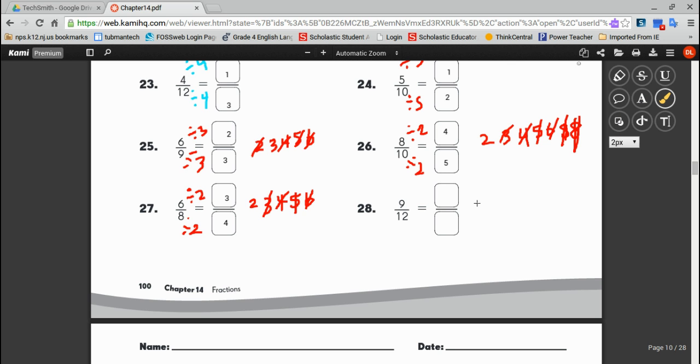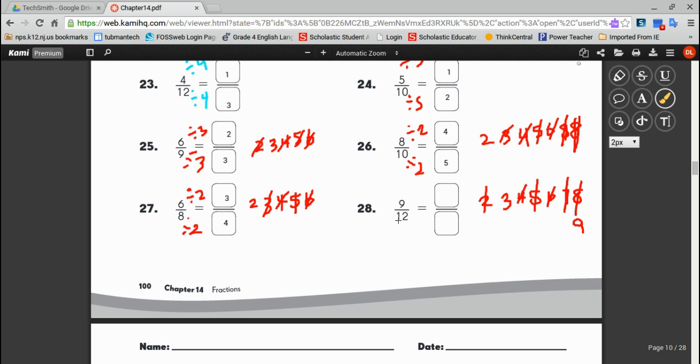And the last one. 9 divided by 2 doesn't work. 9 divided by 3 works. And 12 divided by 3 works. 9 divided by 4 doesn't work. Divided by 5 does not work. 9 divided by 6 does not work. 9 divided by 7 does not work. 9 divided by 8 does not work.